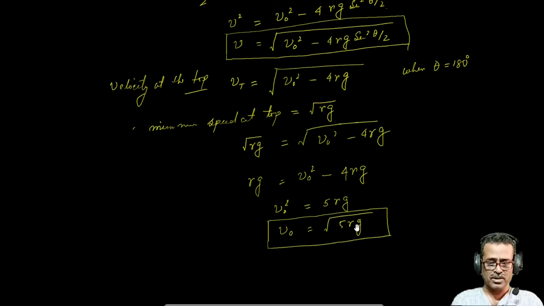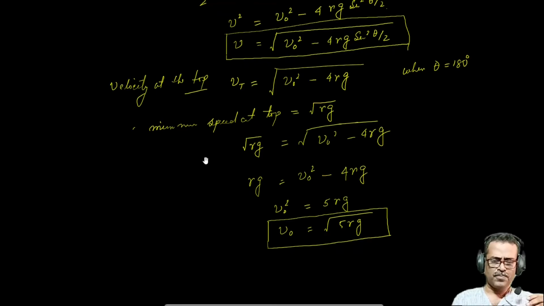This is a very important relation for joint entrance. So at the top, the minimum velocity is root over rg. To maintain that minimum velocity at the top, the body should have a velocity of root over 5rg at the bottommost position.